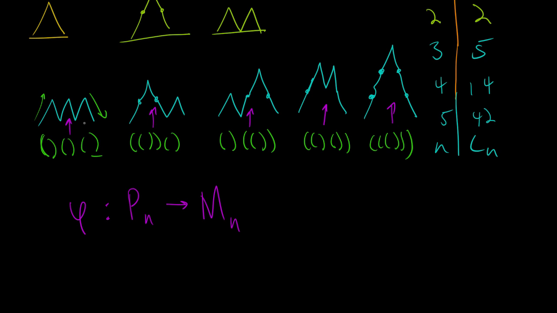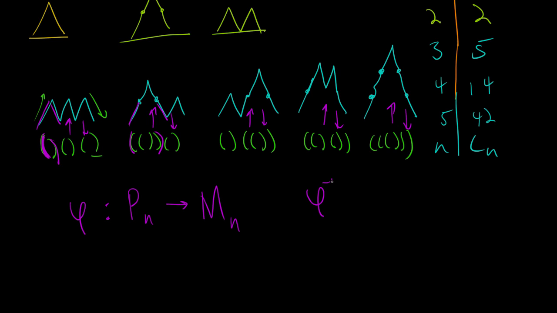By just saying that when you're going from parentheses to mountains, an open parenthesis gives you an up mountain range, and a closed parenthesis gives you a down mountain range. And when you're going from mountains to parentheses, it's the other way around. It's pretty straightforward. The up mountain range gives you an open parenthesis, and the down mountain range gives you a closed parenthesis. So we're able to reverse the arrows.